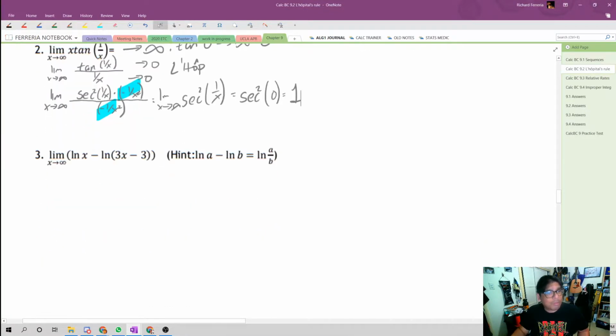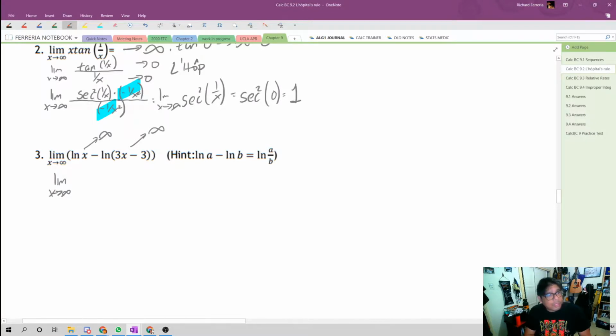Our third problem over here, we've got the limit as x approaches infinity of natural log minus natural log. And if we do that, as x goes to infinity, this becomes infinity over infinity. So we're going to have to do something here about this one. And the idea here, if you look at the hint, is you can actually combine these two natural logs, which I always recommend you do.